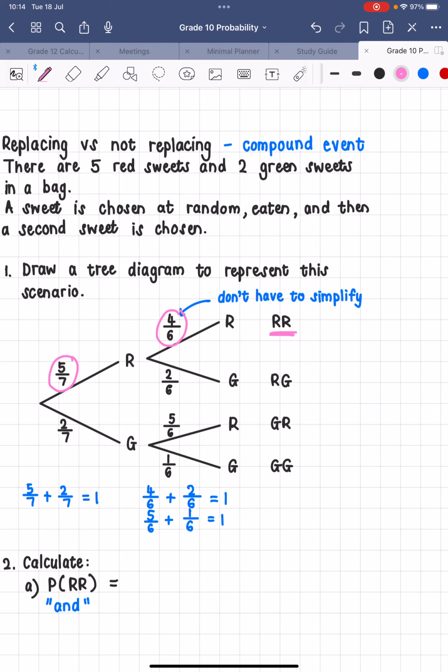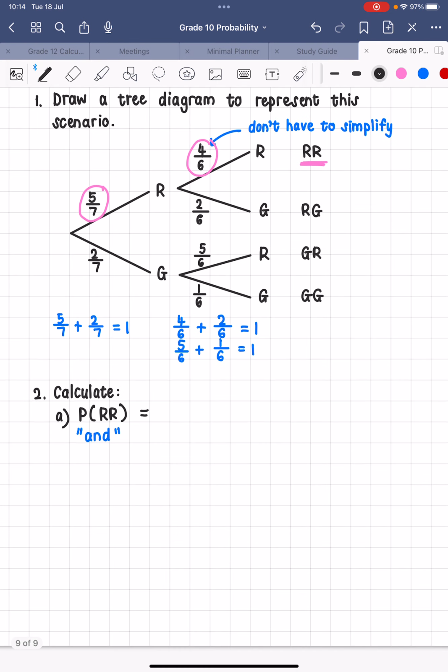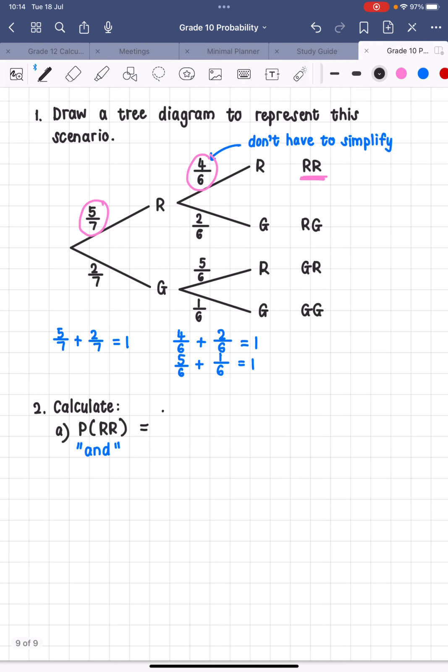But for AND, we are going to multiply. So we are going to say it is 5 over 7 times 4 over 6. So that is going to give us 10 over 21.